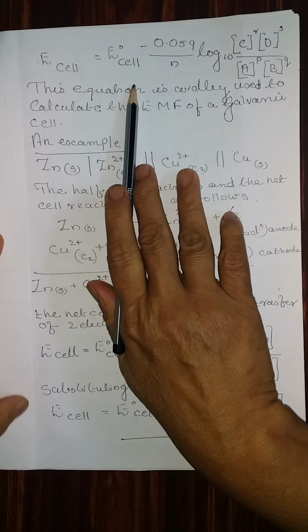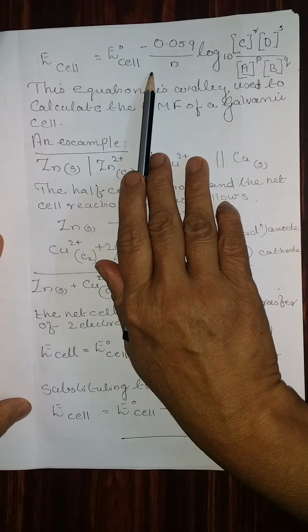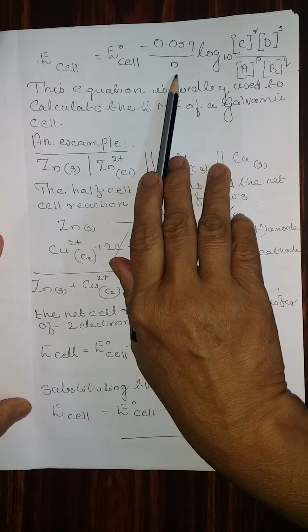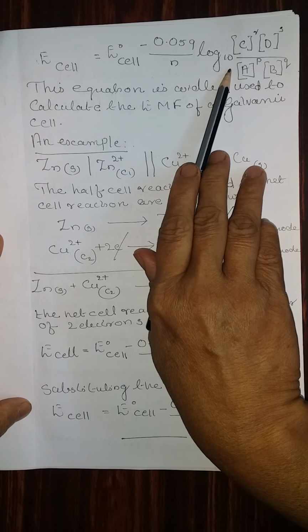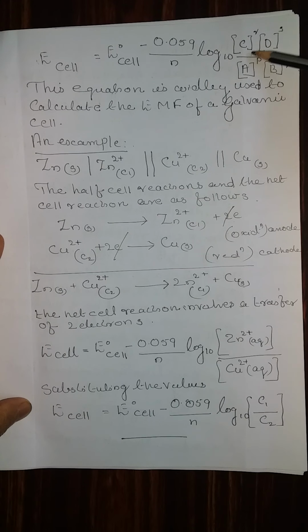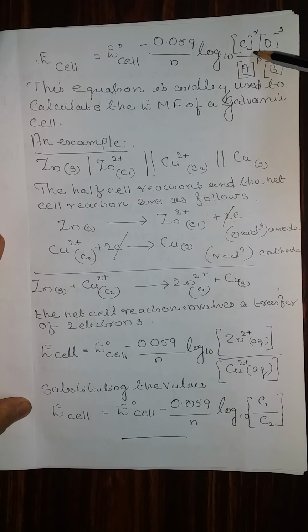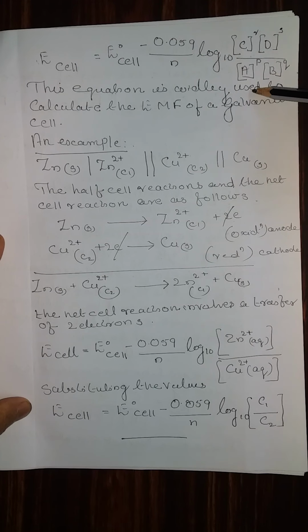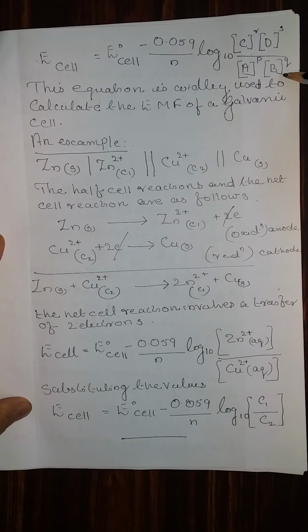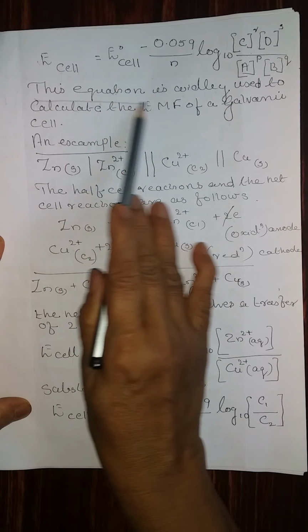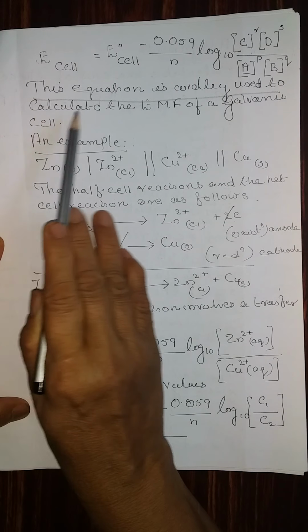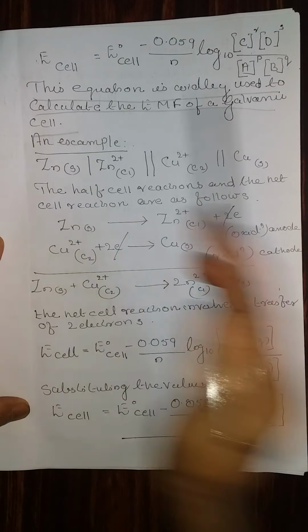Therefore, E of the cell is equal to E0 of the cell minus 0.059 divided by n, whatever the n value, log to the base 10, concentration of C raised to the power R, concentration of D raised to the power S divided by concentration of A raised to the power P and concentration of B raised to the power Q. This is from the cell reaction, with 2 reactants and 2 products. This equation is widely used to calculate the EMF of the galvanic cell.